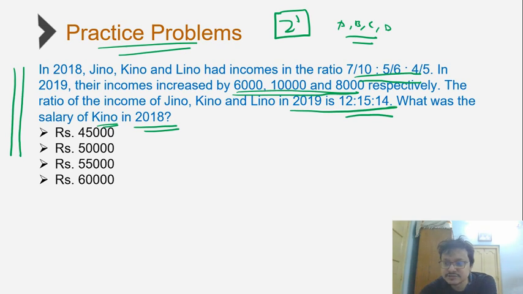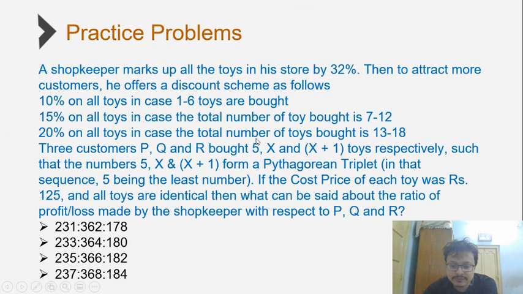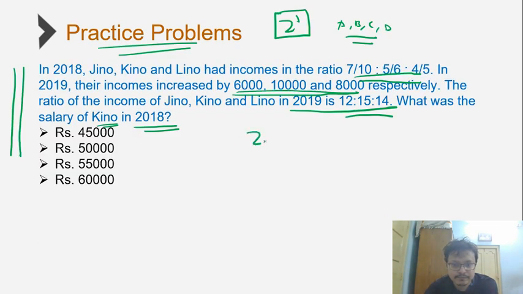So answers. Let us look at the easiest possible way of solving this question. The ratio for 2019 is 12 is to 15 is to 14, which means in 2019 the value is of the form 15k.